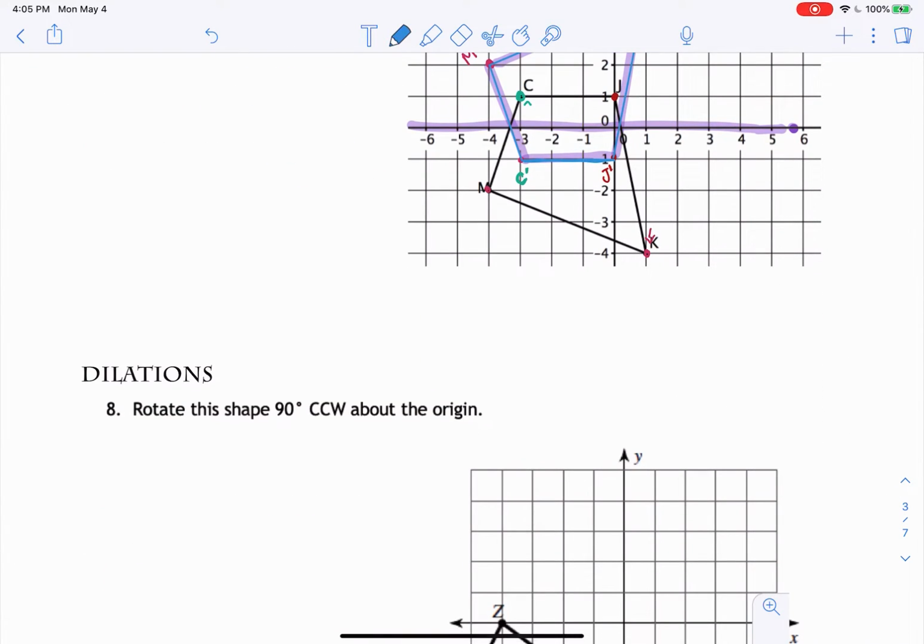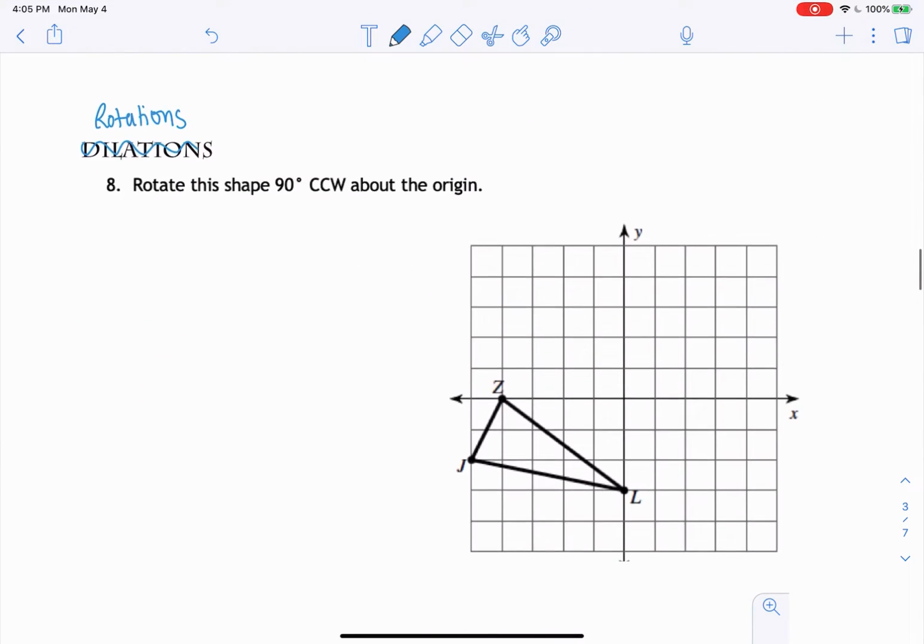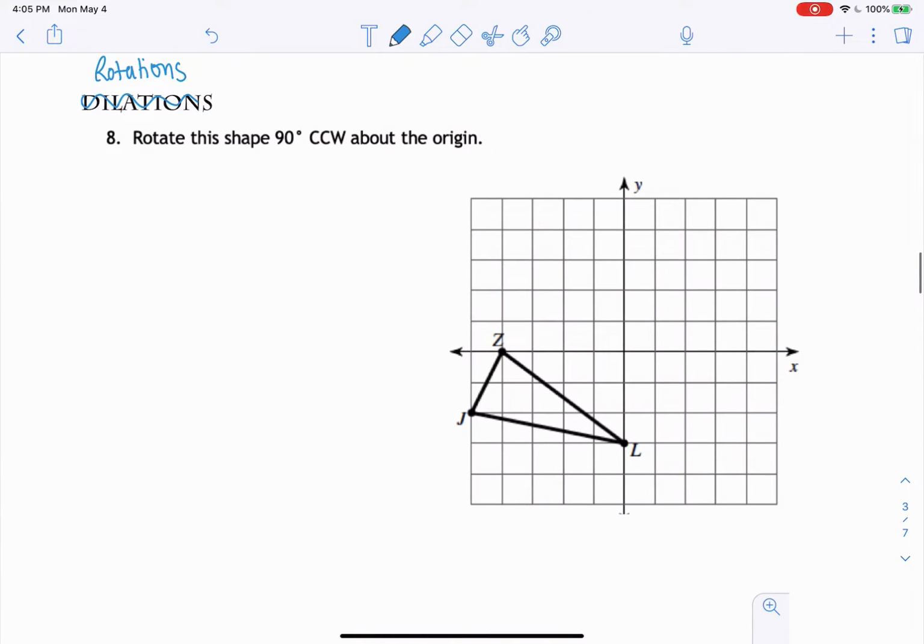Oh, I don't know why it says dilations. That should say rotations. The other part that you'll be asked to do during the Desmos activity is to rotate a shape on the coordinate plane. So for example, here we're going to rotate the shape 90 degrees CCW, which means counterclockwise, about the origin.